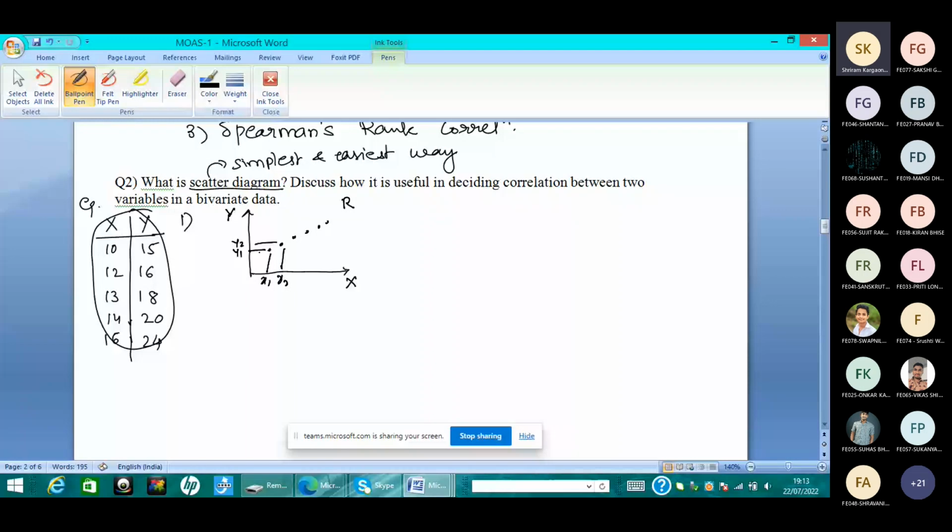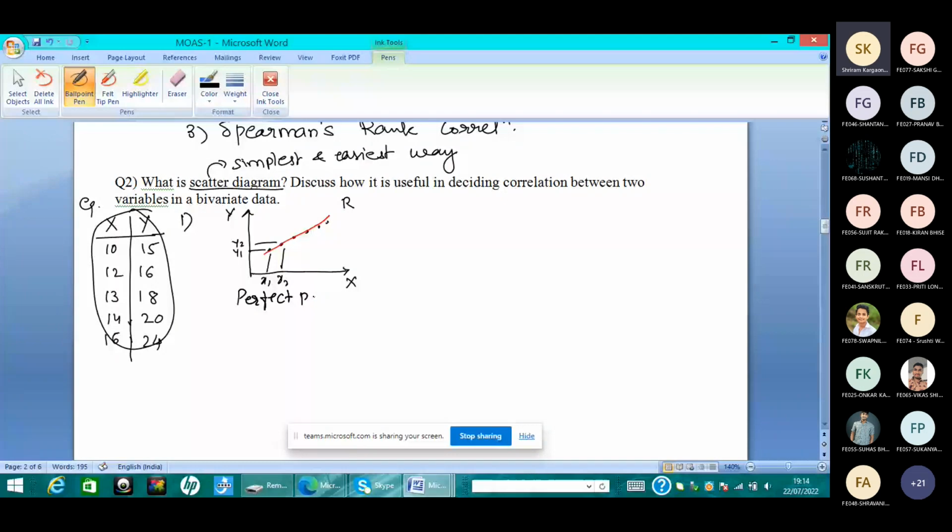If we draw a line through all these points, they fit a straight line. In such a case, we understand that there is a perfect positive correlation.